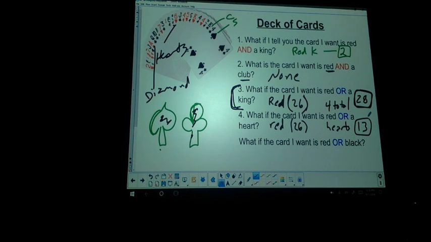There's just 26 outcomes in there, right? Because of those 26 red cards, those 13 hearts exist. The other 13 red are diamonds. Okay? What if the card I want is red or black? Well, that's all 52 cards. You either have the red card or the black card. Either red or black.